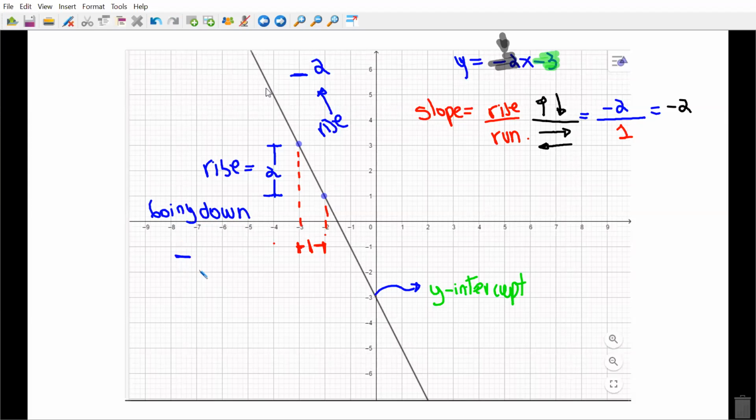Because you're going down. And how many units? 2 units, right? And the red part is going to be called the run. And the run can move from left to right, or from right to left.